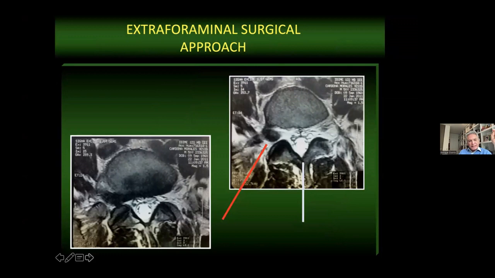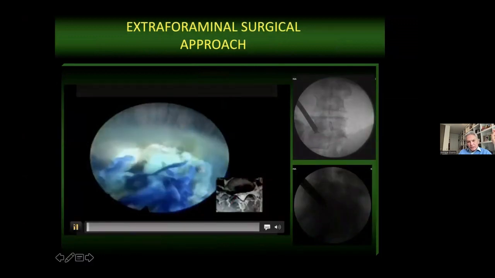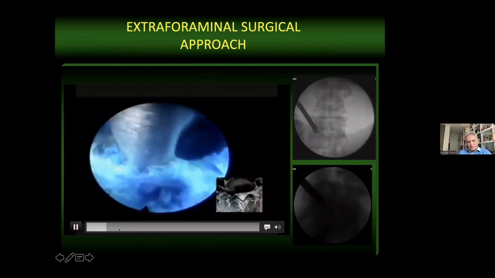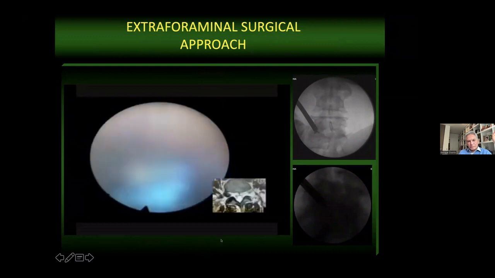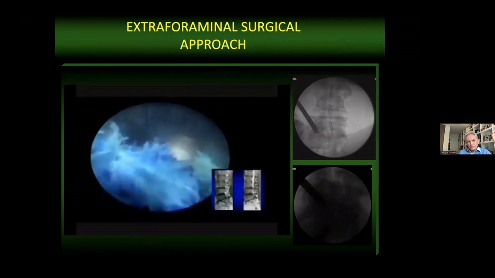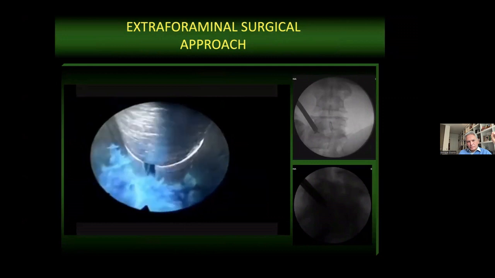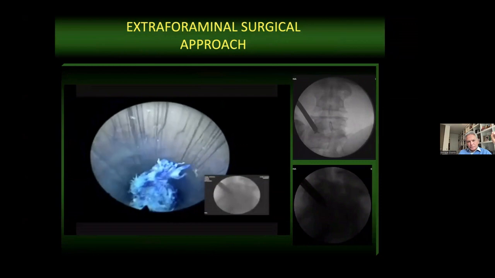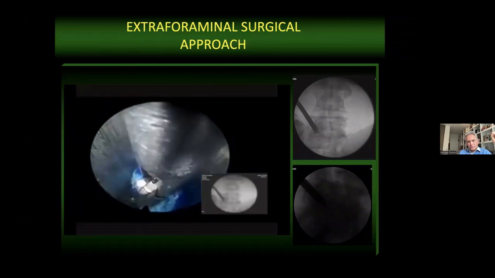In this case, we can see this. In patients with an extraforaminal extruded disc herniation, an extraforaminal approach can be made. In this case, the incision will be made approximately 4 to 6 centimeters from the midline, introducing the spinal needle with more than 45 degrees of angulation. In this third case, an extraforaminal approach was used to treat an extraforaminal herniation.